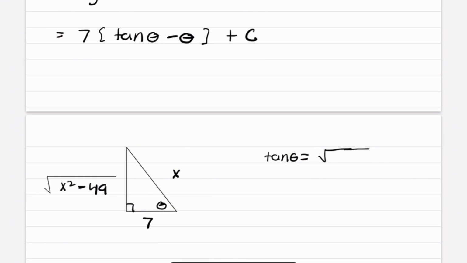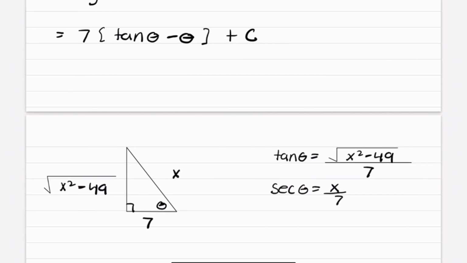So that's going to be the square root of x squared minus 49 divided by 7. And theta can be found from the very beginning when we said that secant theta is equal to hypotenuse over adjacent, so that's x over 7, which means that theta is equal to secant inverse of x over 7.